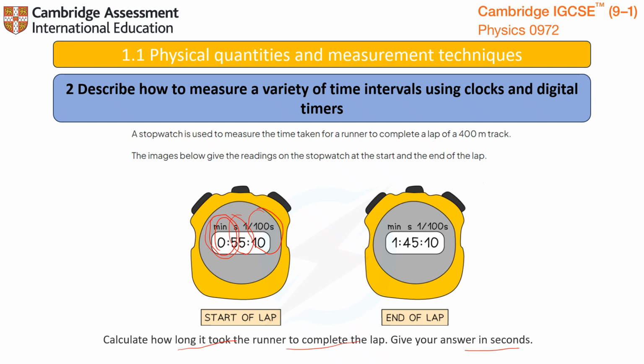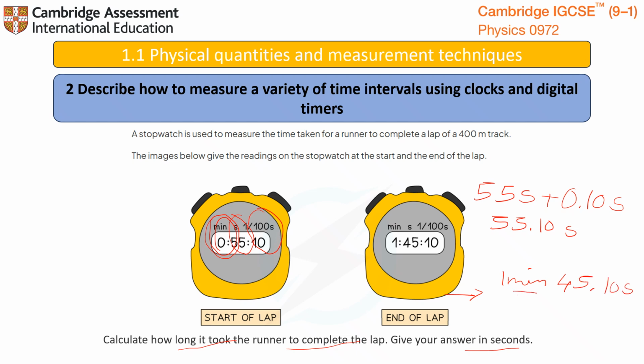At the start, it is showing 55 seconds plus point 10 seconds because it is 1/100th of a second. That is nothing but 55.10 seconds. And at the end of the lap, this is showing 1 minute and 45.10 seconds.